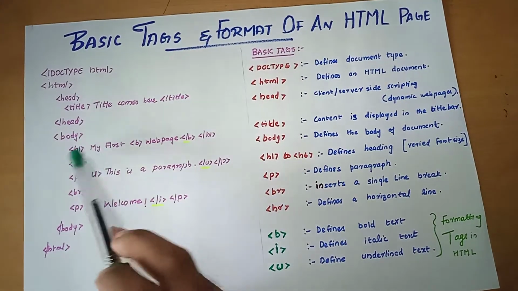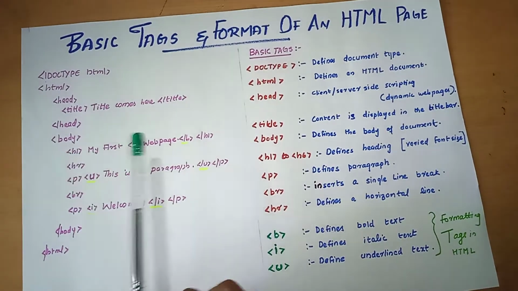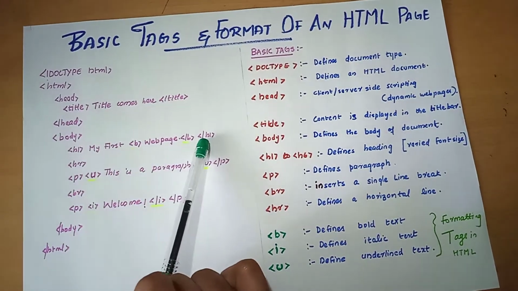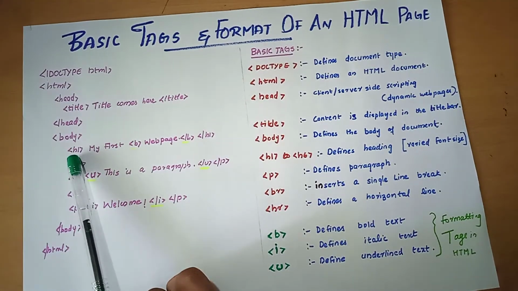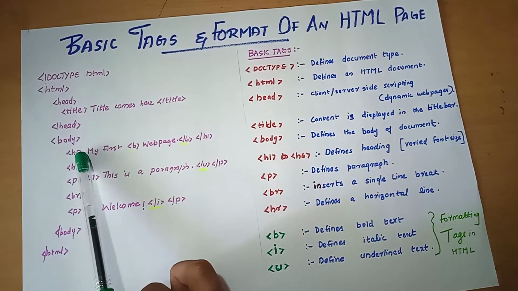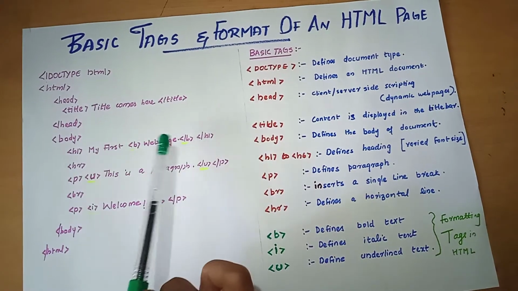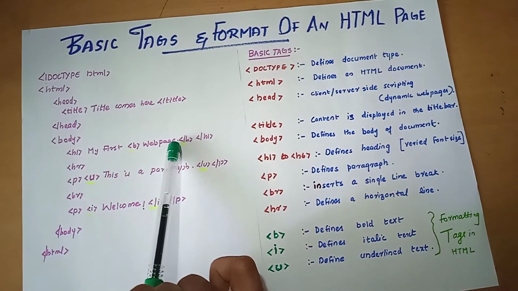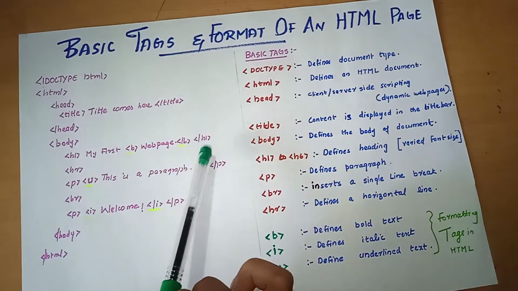Okay. So here we can see another tag, that is h1. The h1 tag is opened and closed here, and this tag indicates the size of the heading. Not only h1, this heading tag has 6 different font sizes, that is h1, h2, h3, h4, h5 and h6.